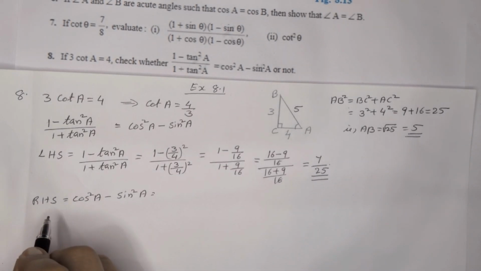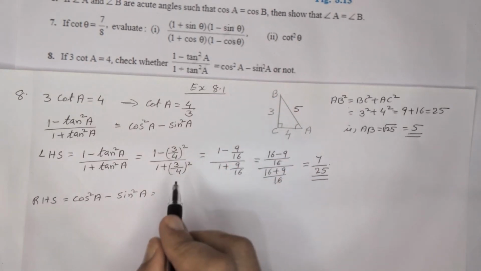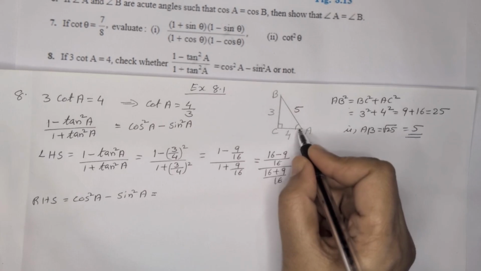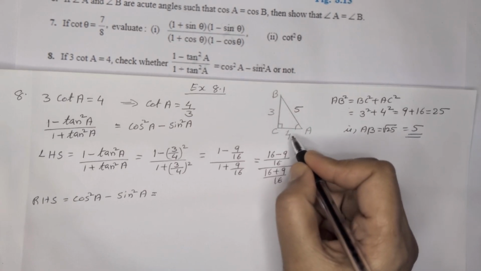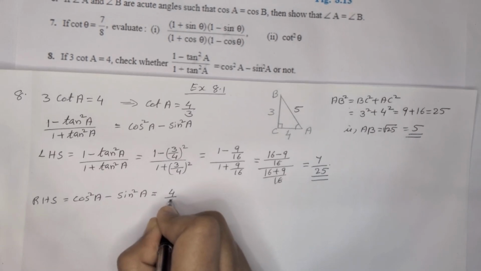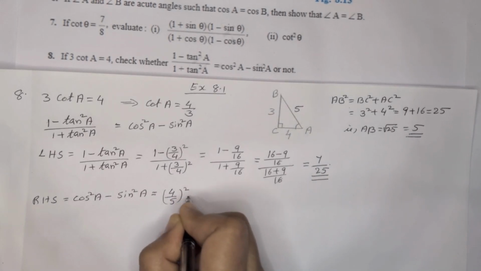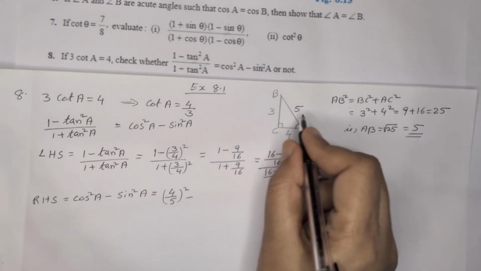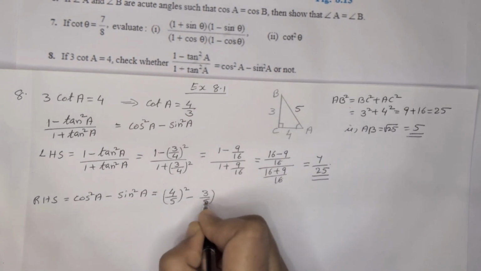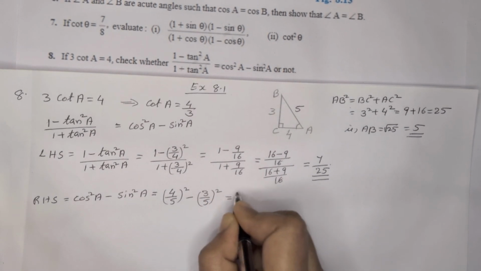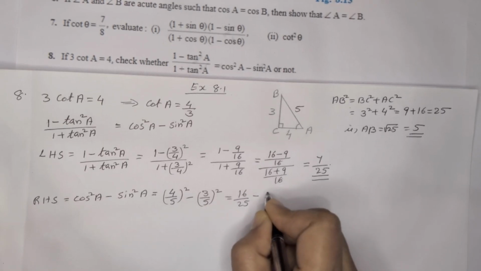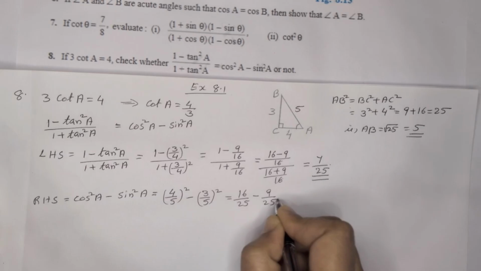Now we can check the RHS of the given equation. Cos square A minus sin square A. Cos means adjacent by hypotenuse, so 4 by 5, 4 by 5 square, minus sin A, which means opposite by hypotenuse, 3 by 5 the whole square, which is equal to 4 square, that is 16 by 25, minus 9 by 25.